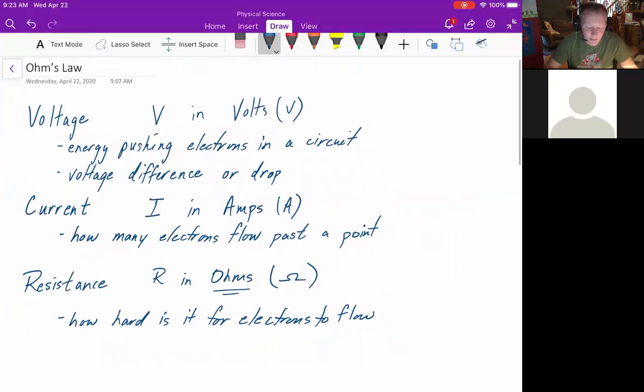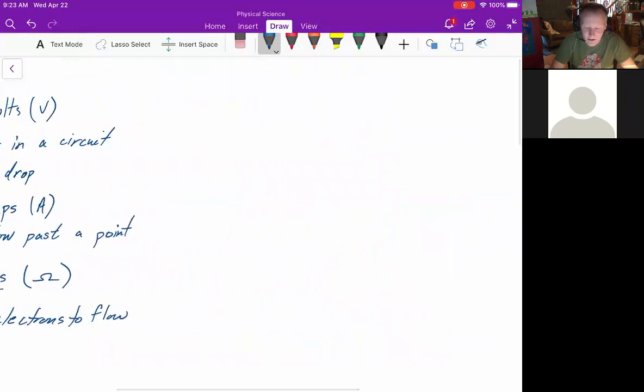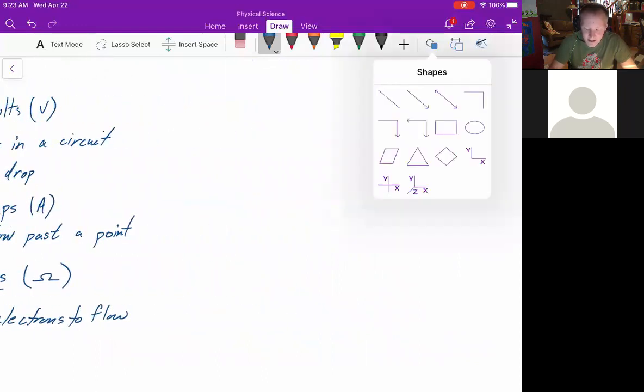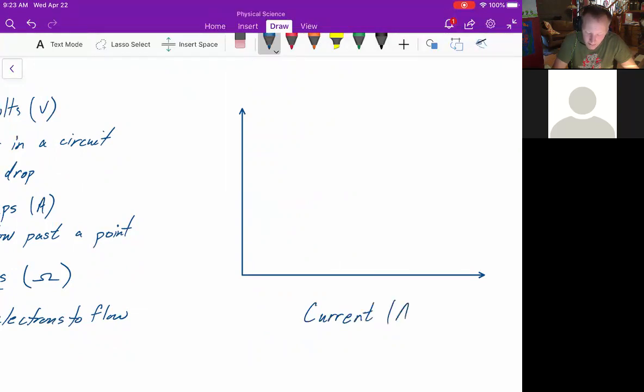But when this is plotted, as part of the instructions, I actually ask you to change it up, and instead, when you plot it, plot voltage as the dependent variable and current as the independent variable. So that would mean current should go down here, voltage along this side.